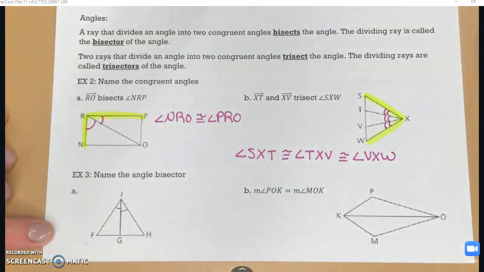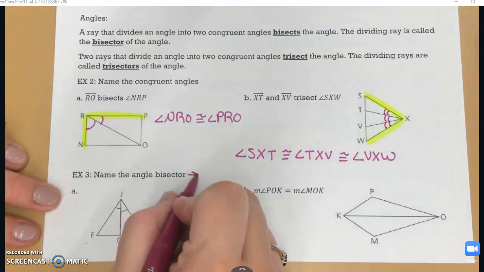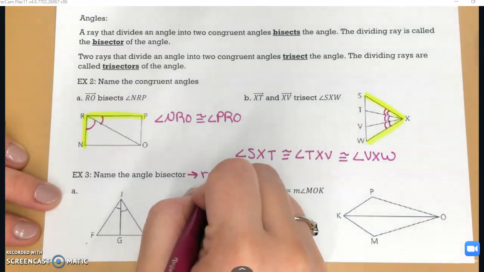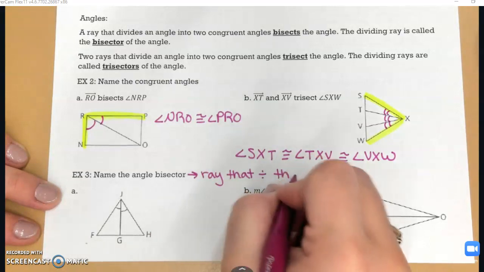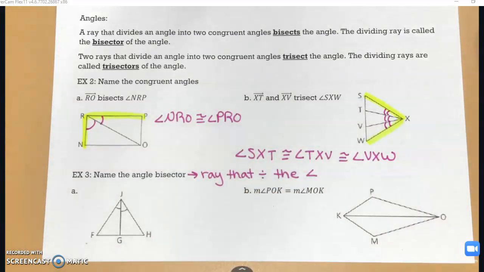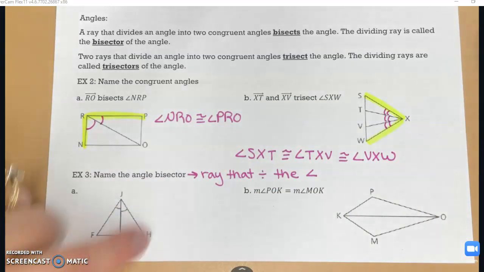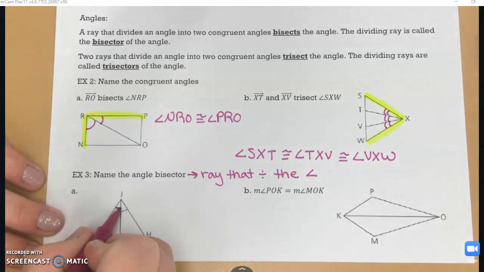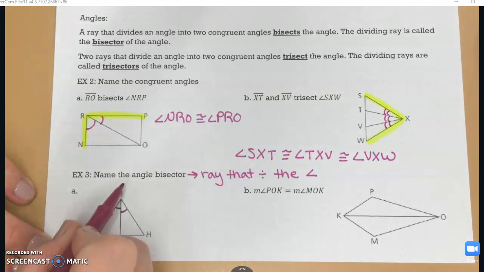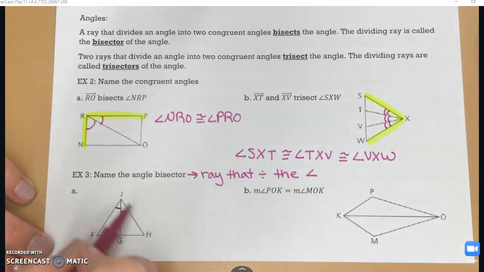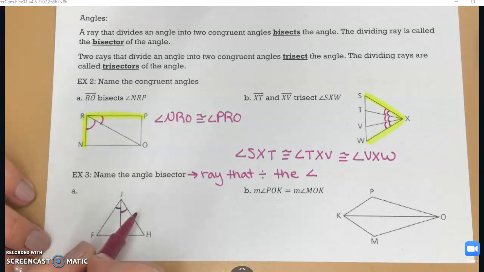Then on example 3, we want to name the angle bisector. We want to name the ray that does the dividing. So we have to look at our given information. On part A, all I'm given is this diagram, but look, I've got tick marks on this diagram that tell me angle VJG and angle HJG are congruent.